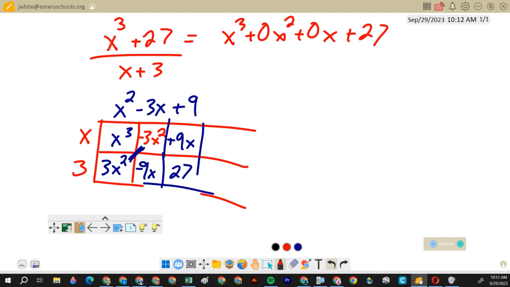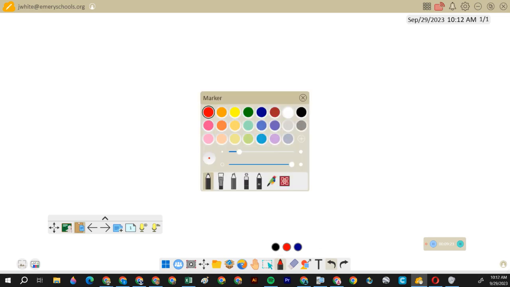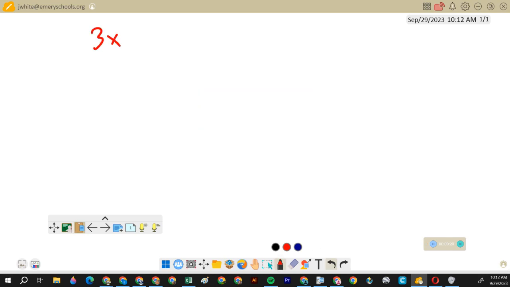All right, let's do number 8. 3x to the 4th plus 4x squared minus 13x minus 4. And how many rows is this going to have?